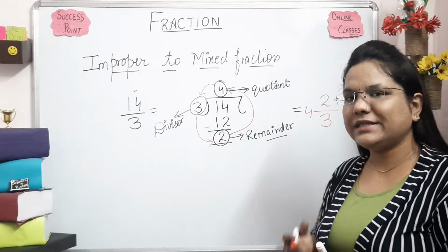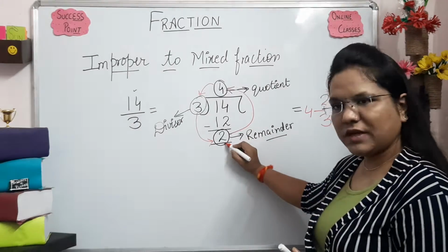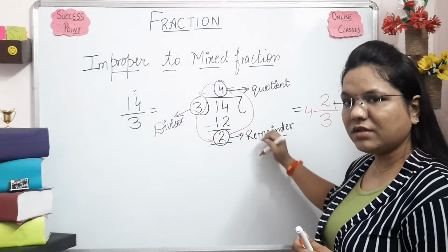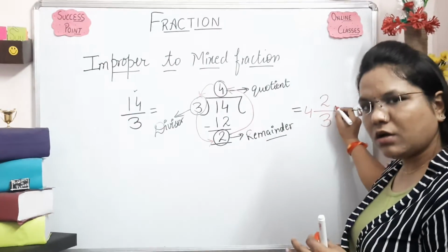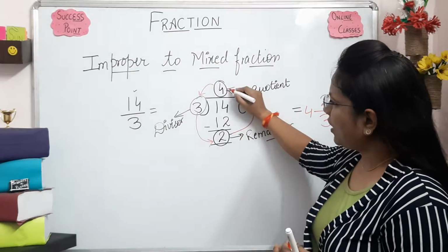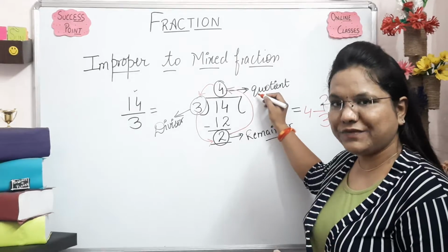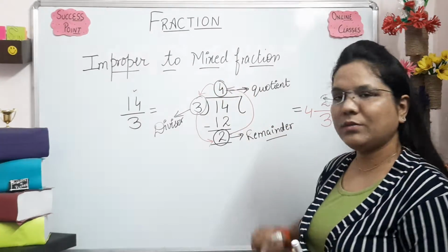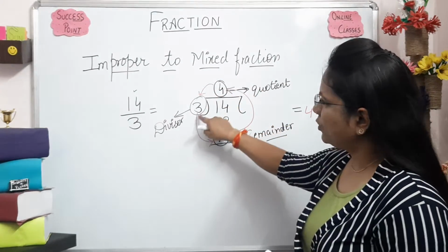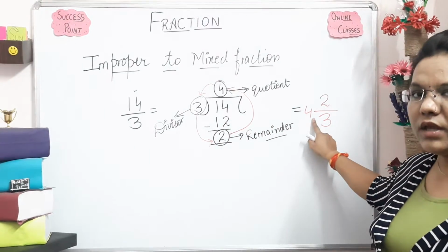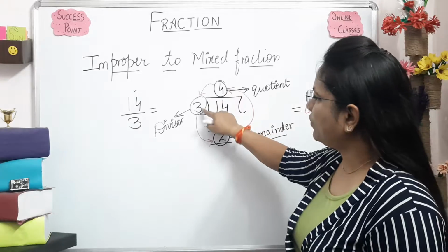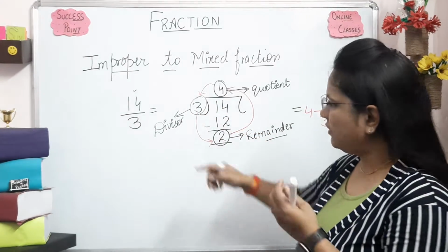Let's revise. The remainder, we take it up, that is 2. If 2 moves up, the quotient moves to one more position, so 4 will come at the side position. Then 3 comes down.